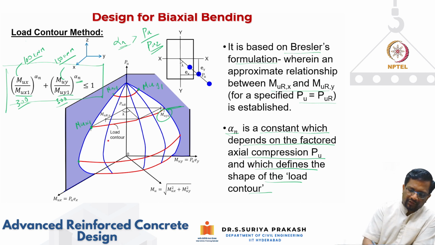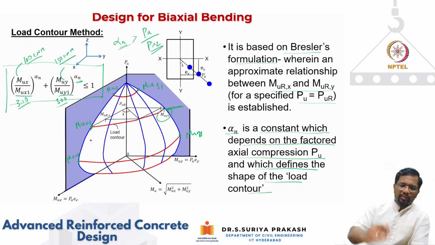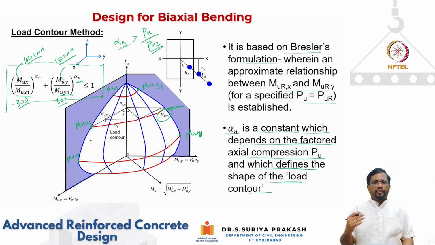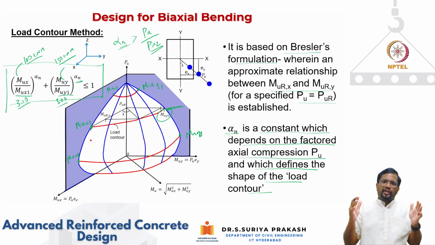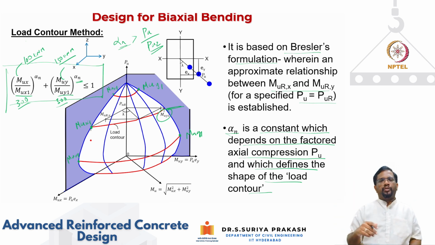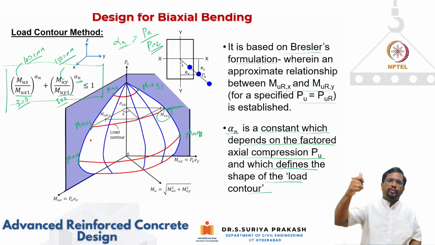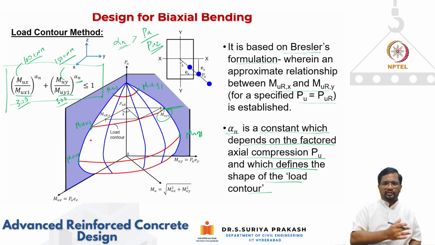If I take this location, then this is your MUY1 and this is your MUX1. So depending upon the axial compression, we have seen that in your moment curvature analysis also, right? If I keep changing my axial compression, the ultimate moment capacity is also going to change. We have seen that at low levels of axial compression, the bending moment capacity increases, but when I keep on increasing axial compression, the bending moment capacity will start decreasing.